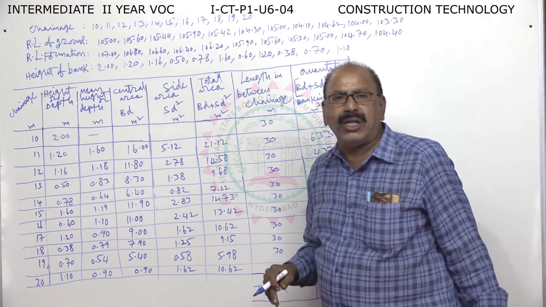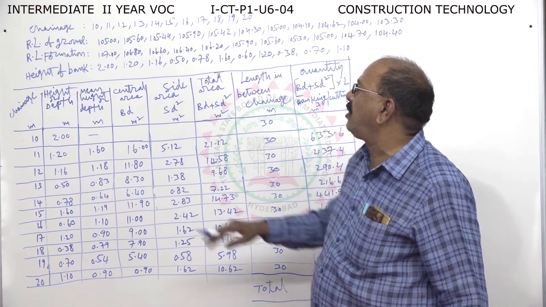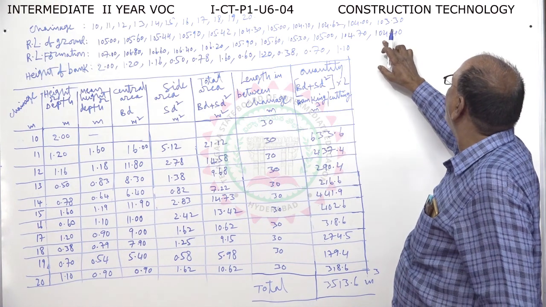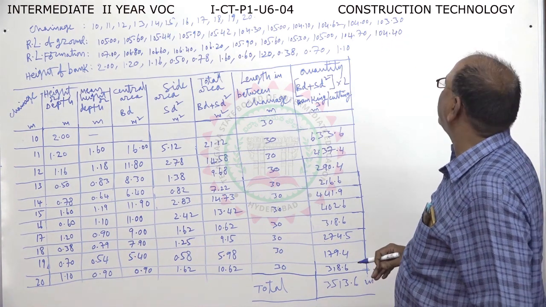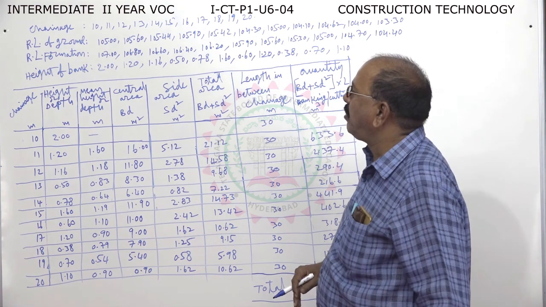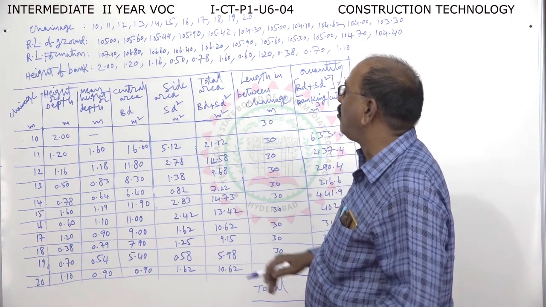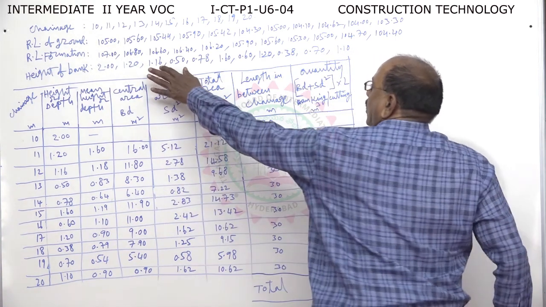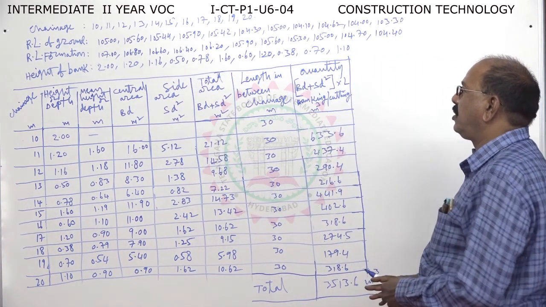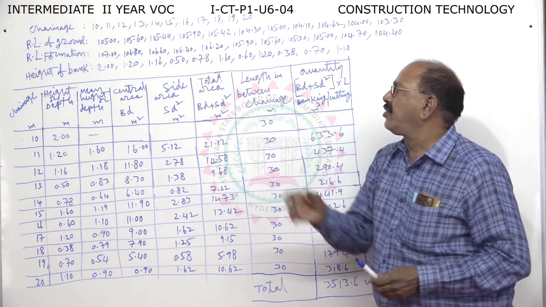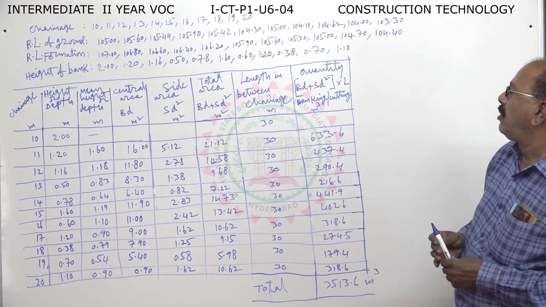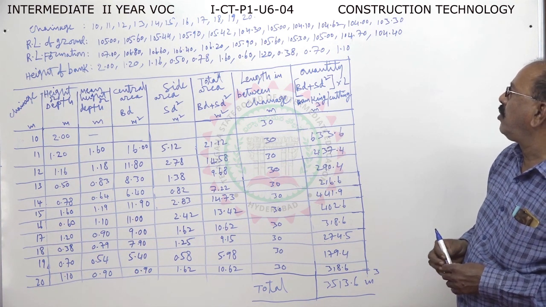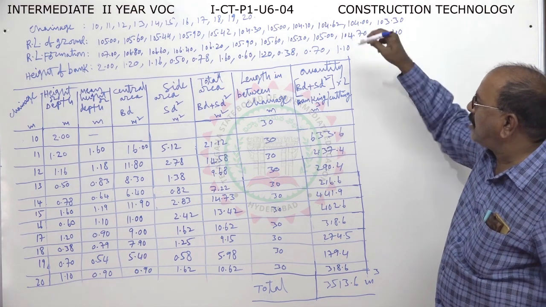Then the reduced level of the formation is also given from 107 to 104.40 meters. Then the height of the bank is also given in the problem: 2 meters, 1.2, 1.16, 0.50, 0.78, 1.60, 0.60, 1.20, 0.38, 0.70, and 1.10. So till here, this is the problem.